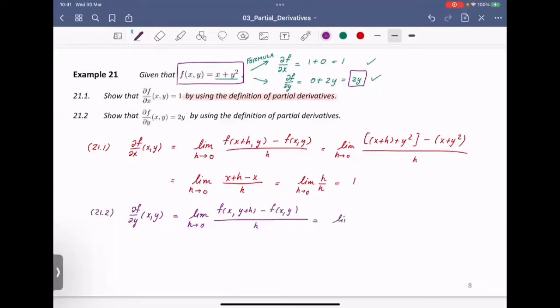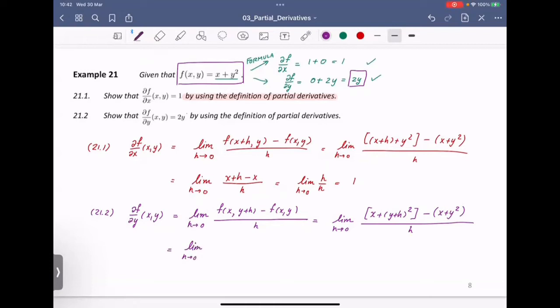And then here it's going to be limit h goes to 0. And then on the top, you're going to have (x+y+h) squared, right? And then now that thing minus (x+y) squared. Okay, and then over h, and then that is going to be limit h goes to 0.